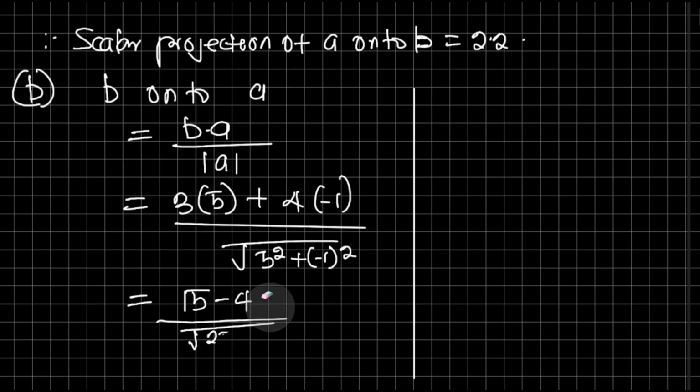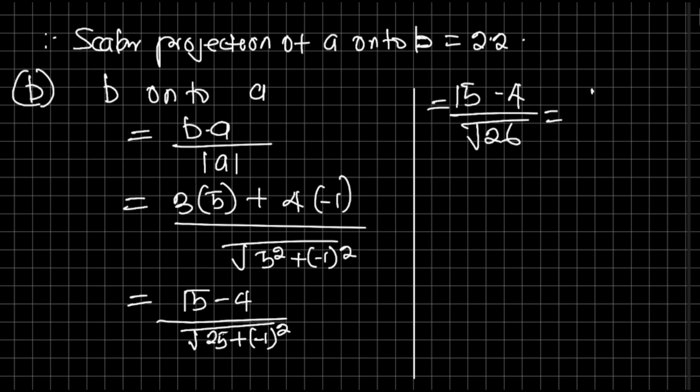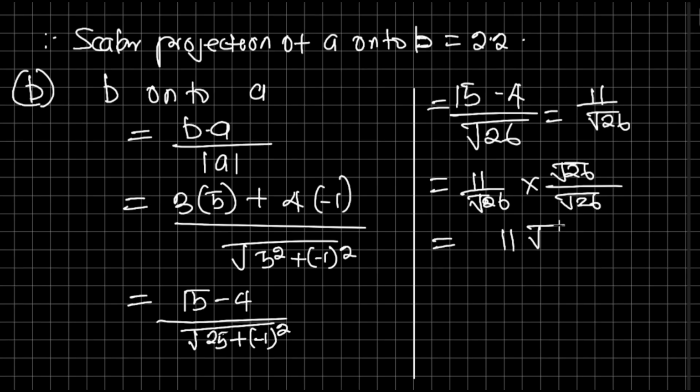So this is 25 plus minus 1 squared. That will be equal to 15 minus 4 all over the square root of 26, which is 11 over the square root of 26. We cannot leave it like this. We need to rationalize. So 11 times root 26 over root 26 times root 26, which gives 11 root 26 all over 26.